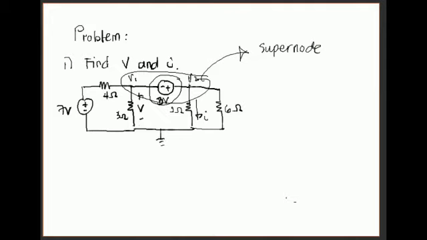Also, we have to assign the polarities of each resistor, plus and minus. Then draw the current flowing through each resistor. So I'll denote I1 here, then I2 flowing through the 3 ohm resistor.